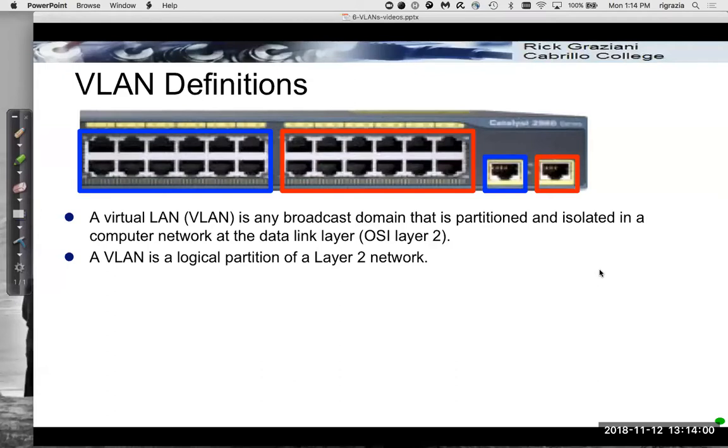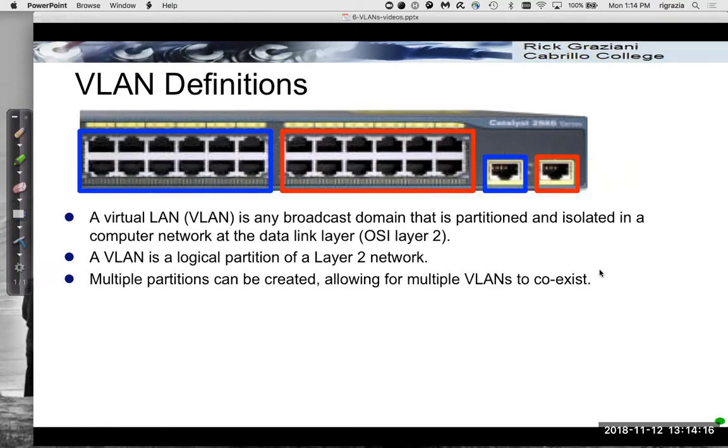All right. Well, what if we did this? What if we segmented the switch into, in this case, 2 VLANs? And sometimes we use colors instead of subnets to refer to them. But the VLAN is a logical layer 2 partition. Okay? We can have multiple partitions, multiple VLANs coexisting on the same switch.